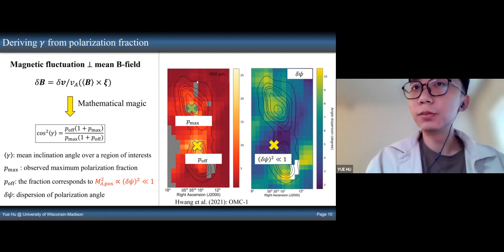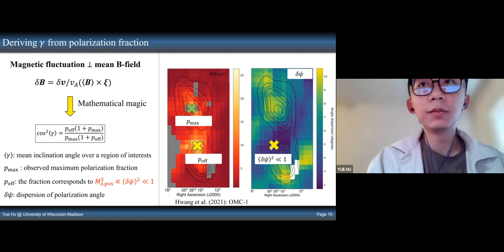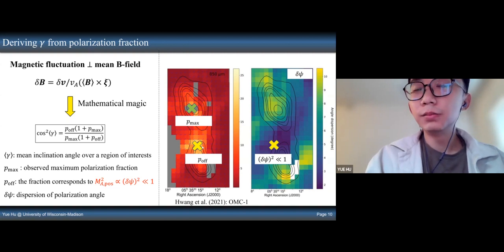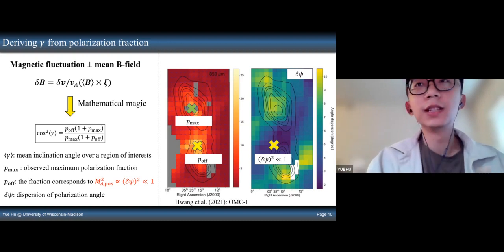Suppose we have a polarization fraction map and also a map of polarization angle dispersion. We need to find the position in which the dispersion is minimal. At this position, the turbulence effect is also minimal. Then we find the corresponding polarization fraction at this position, and also the maximal polarization fraction in this cloud. Their ratio will give us the inclination angle for this cloud.